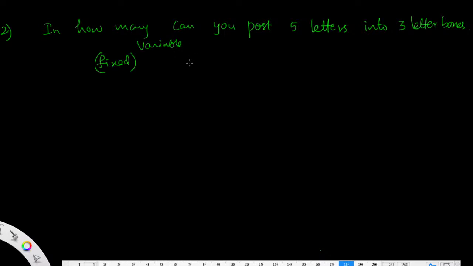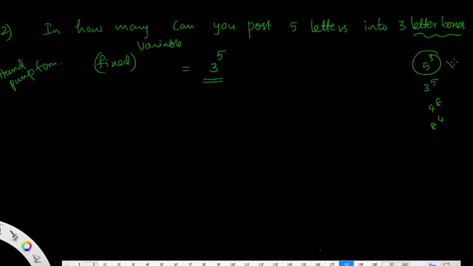What is fixed here? Post letter boxes are fixed. So the answer goes to 3 power 5. Don't write 5 cubed. This is fixed to variable, by the hand pump formula. Don't get confused. Options will be given as 5 cubed, 3 power 5, 4 power 8 and 8 power 4. So don't give the answer as 5 cubed. The fixed number is the base, and I am raising the power to 5.